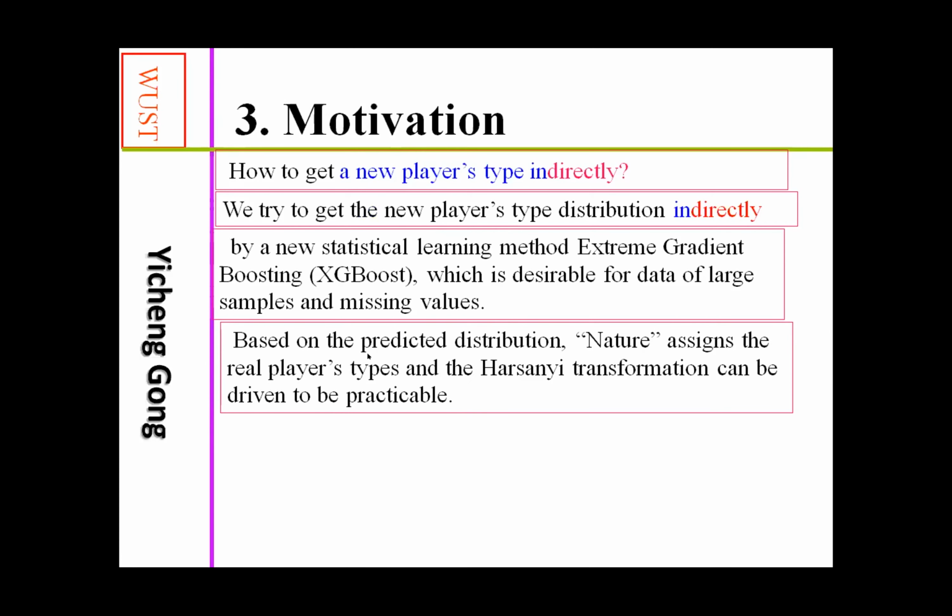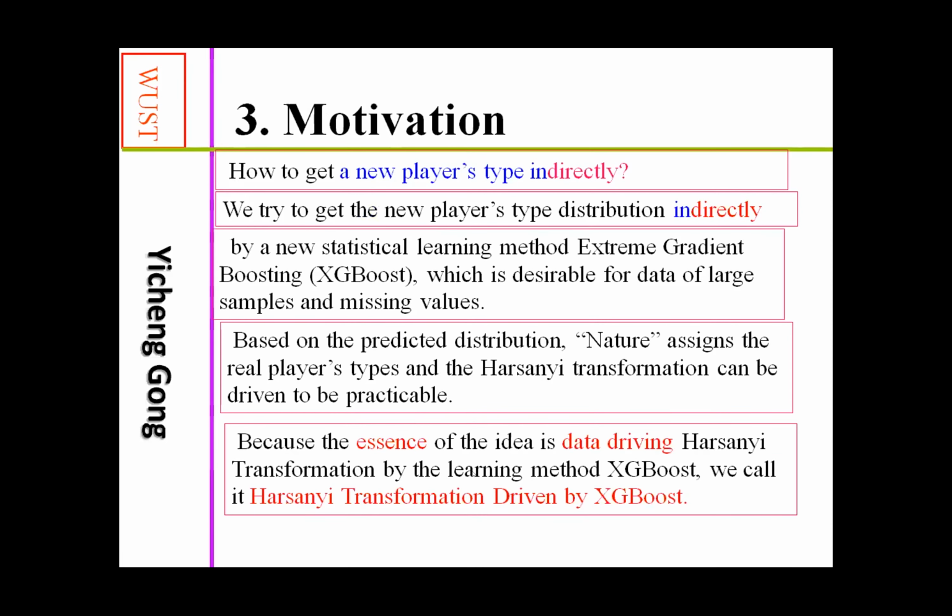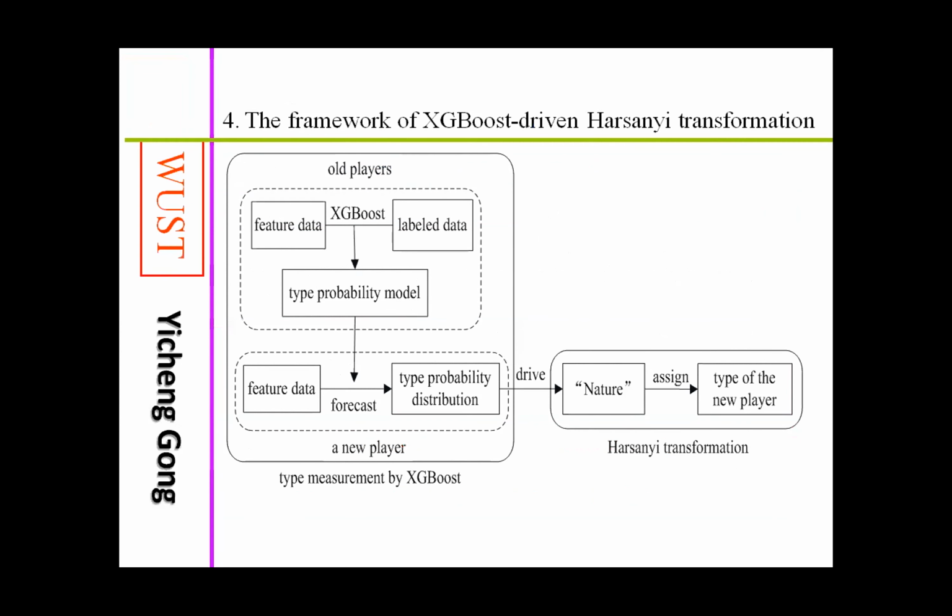Based on the predicted distribution, Nature assigns the real player's type, and the Harsanyi transformation can be driven to be practicable. Because the essence of the idea is a data-driven Harsanyi transformation by the learning method XGBoost, we call our work a Harsanyi transformation driven by XGBoost.